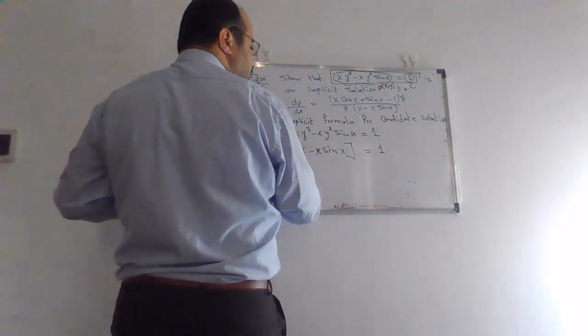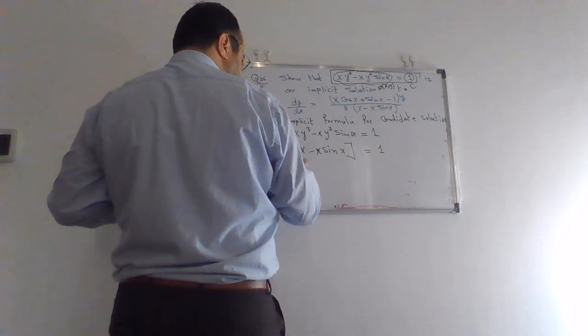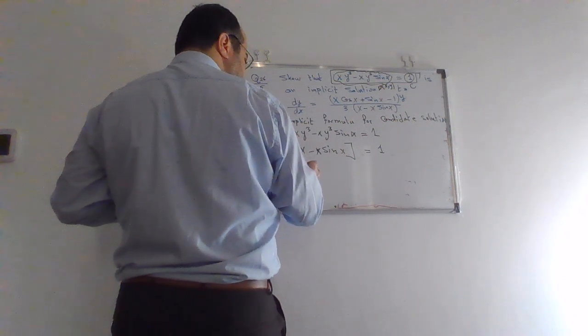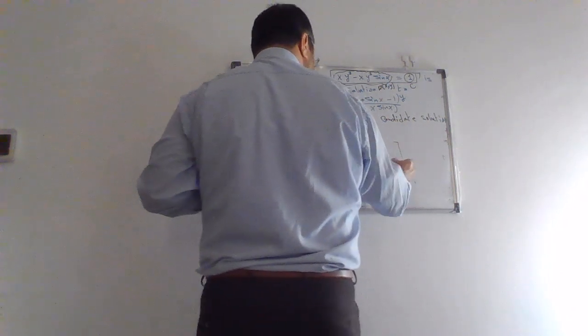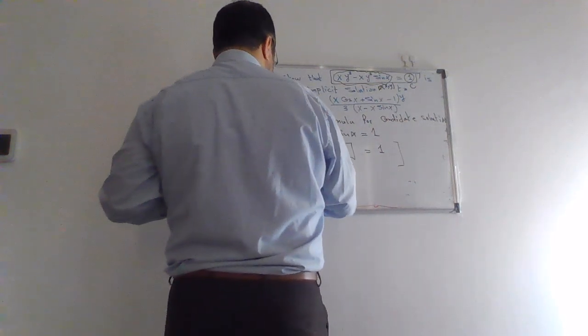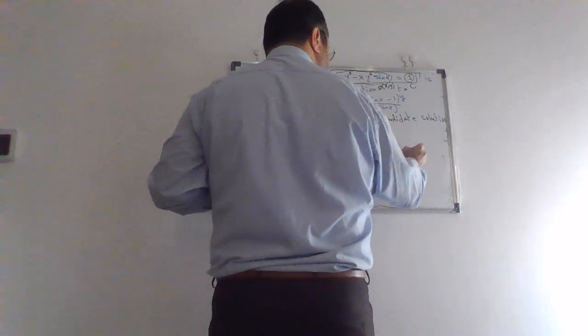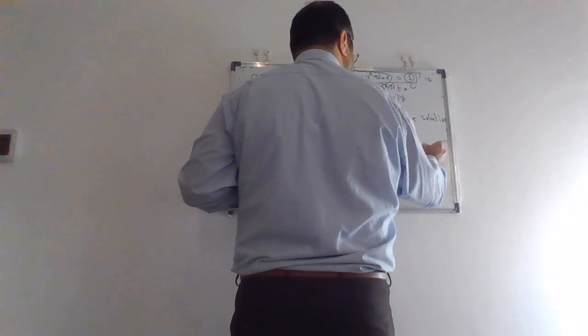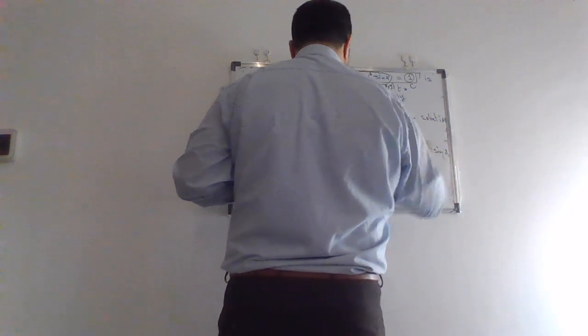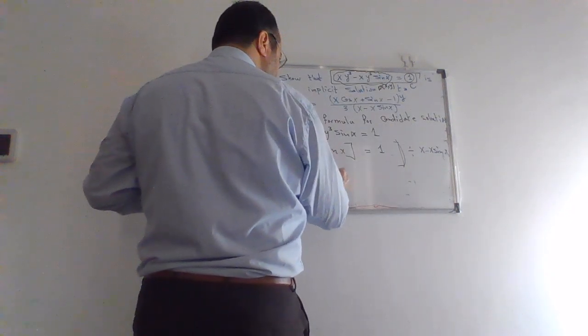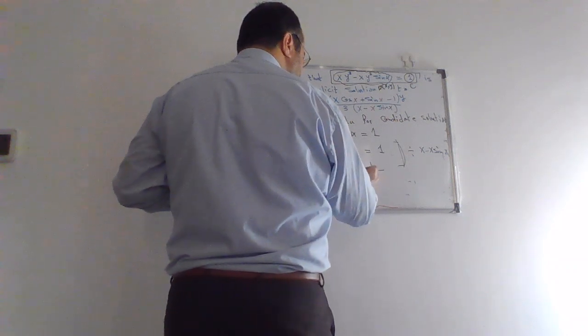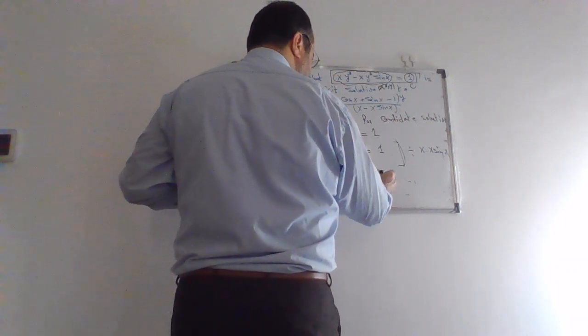Now I'm solving for y to get explicit, right? So I'm trying to find the explicit solution. Now I'm going to next do dividing. So dividing here, I'm dividing over 1 minus x sine x, and then you're going to have y cubed equal to 1 over 1 minus x sine x.